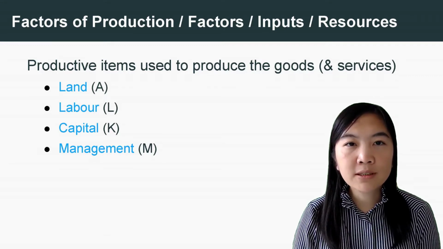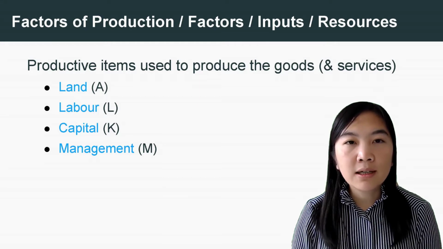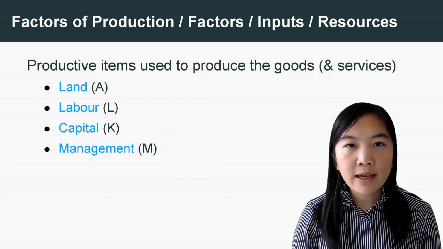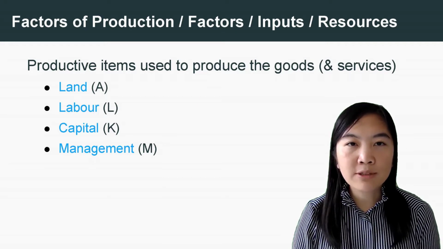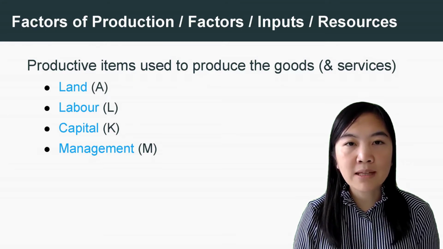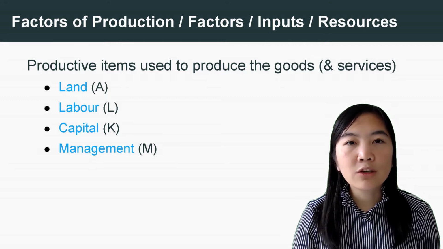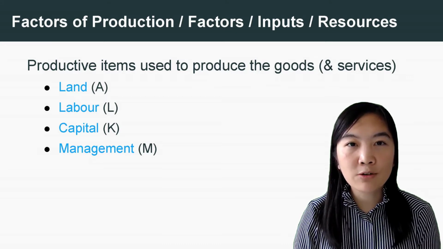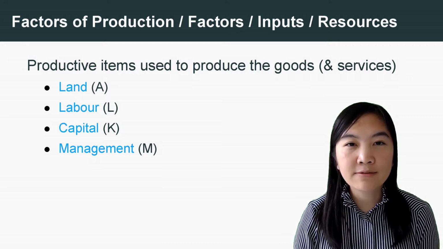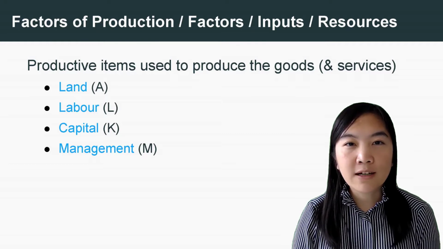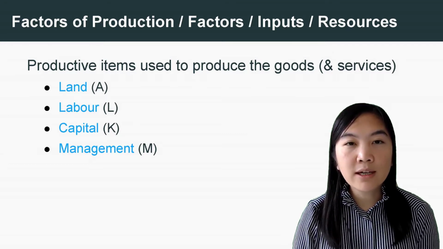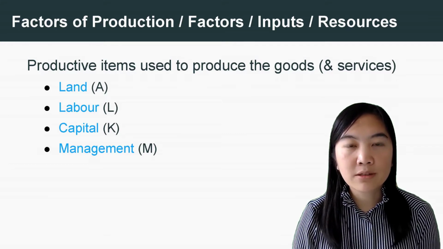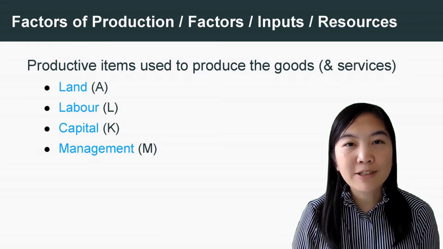L for labor, and land will be represented by A, and capital K. The last one is management, which is M. In your Econ 101 or other economics courses that you have taken, you probably already saw that a production function is a function of K and L, and I hope you do realize what those 2 letters represent.